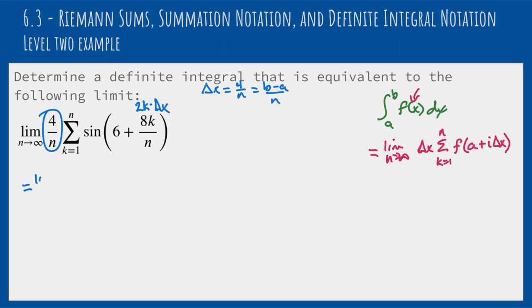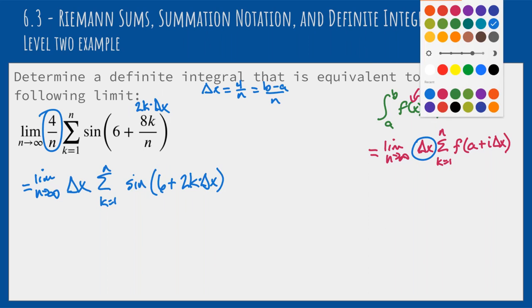So this is equal to the limit as n approaches infinity of delta x. We've already figured out what delta x is, so we're done with that. And then the sum from k equals 1 to n of the sine of 6 plus 2k delta x.